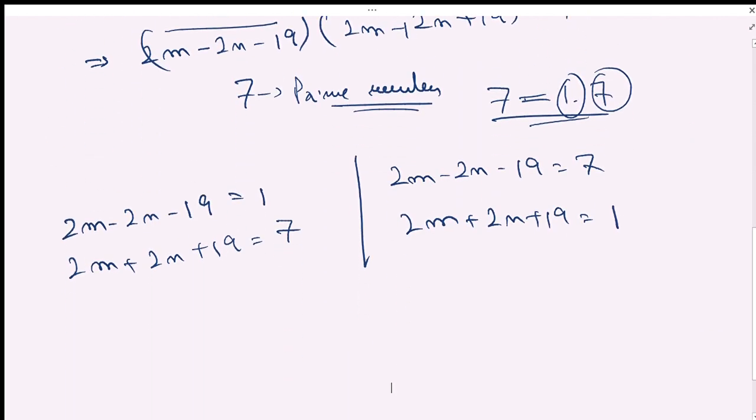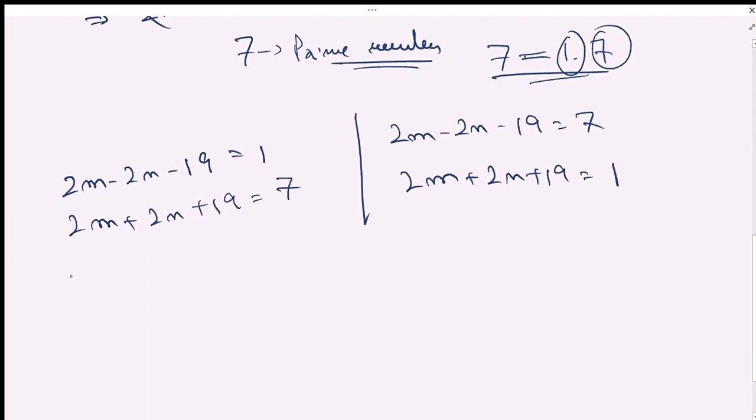Okay. So now solving this one, what we get is m equals 2, because if we add these two equations, then the n part gets cancelled out. Here we have 4m, here we have 8. So m becomes 2.